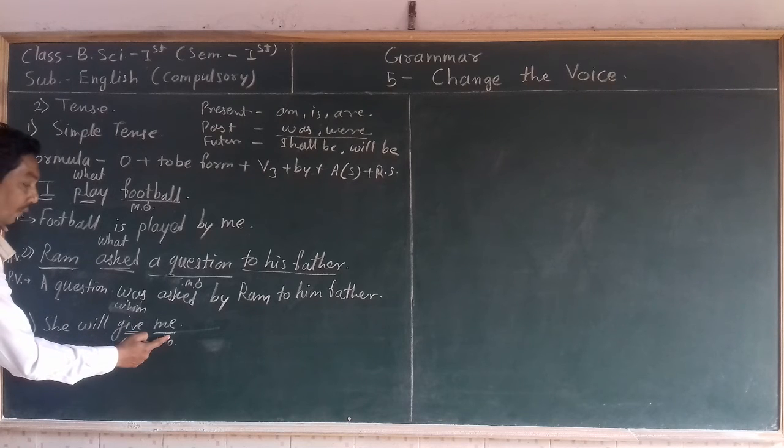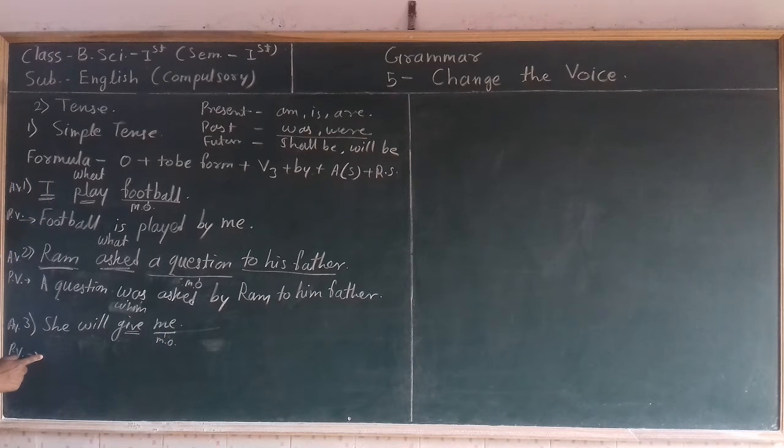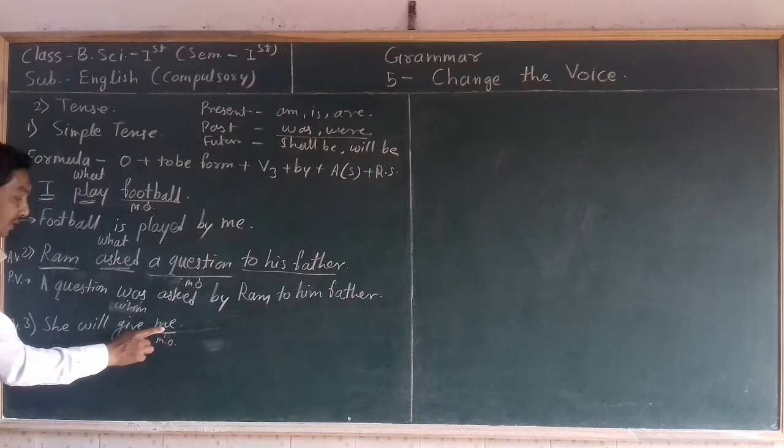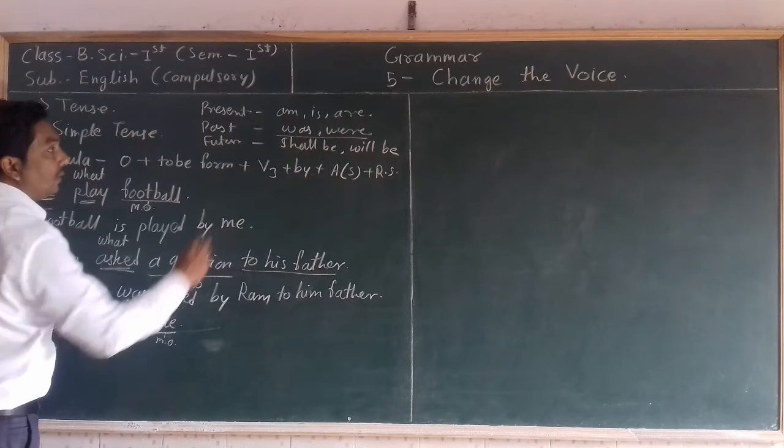So when we get any object in accusative form, and we are writing that as the subject of passive voice, at that time we need to write the nominative form of that accusative form. So me's nominative form is I, and in front of I we use shall be or will be.